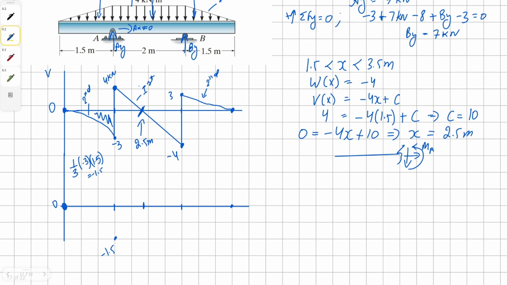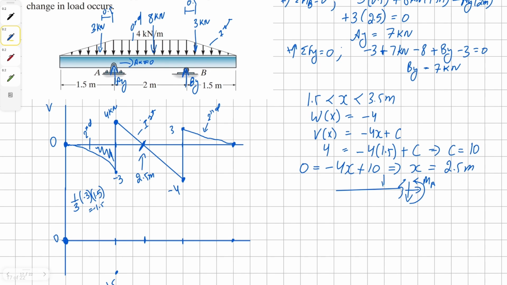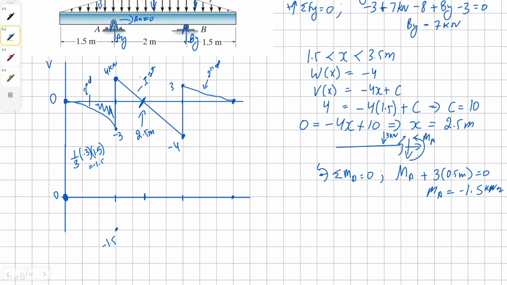We can have moment at A, then we have our external reaction force, the uniform distributed load, which we converted into a point load at 3 kilonewton, and we can just take the moment about the point A and solve for the moment A. So we're just going to simply have moment A plus, because it's counterclockwise, 3 kilonewton, and it's 0.5 meters away, all equals 0. Solving for moment A, we get our solution as -1.5 kilonewton times meter. So that's one other way to solve for this.